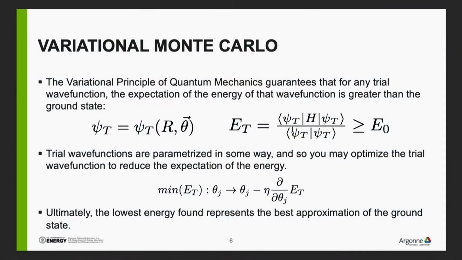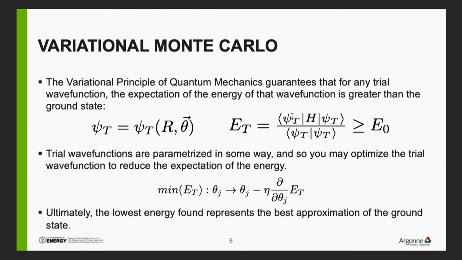Okay. All of these techniques are based on this concept of variational Monte Carlo. There's a principle in quantum mechanics. It's really cool. It's called the variational principle. So you take any solution that you propose. It doesn't even have to be a solution to the equation. And you evaluate this quantity on the right. This is called an expectation value.